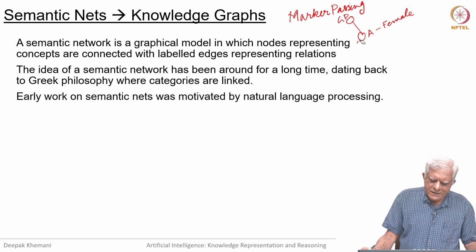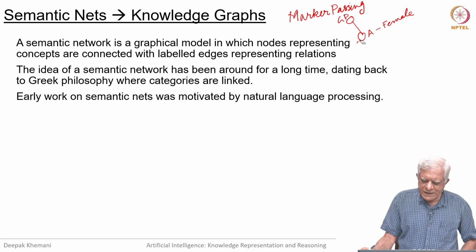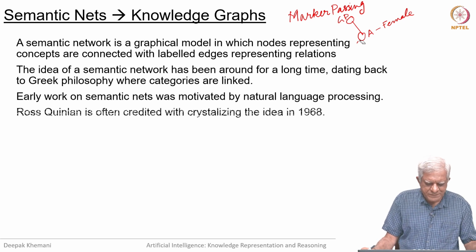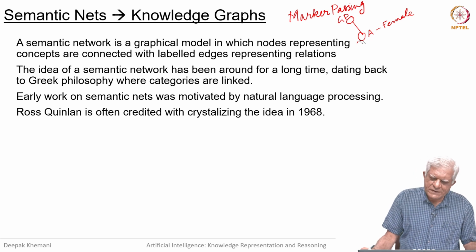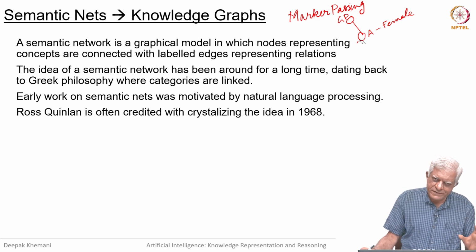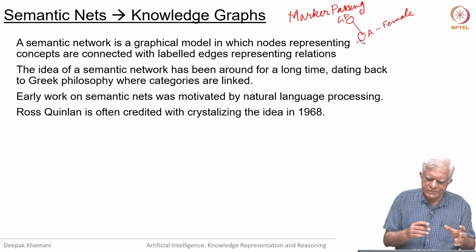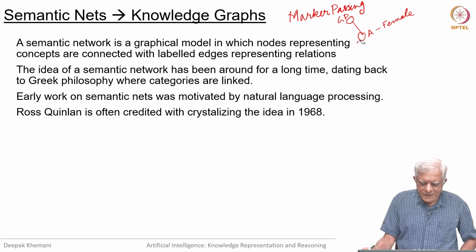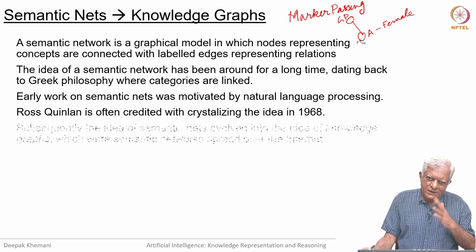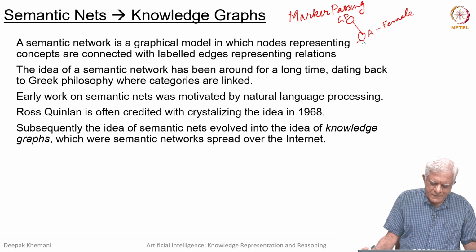Early work in semantic networks was motivated by natural language processing. We do not have too much time to get into that here. It is often credited to Ross Quinlan, because he wrote one of the papers in 1968, which kind of crystallized this notion of semantic networks and made it more explicit. But the idea had been floating around at that time.